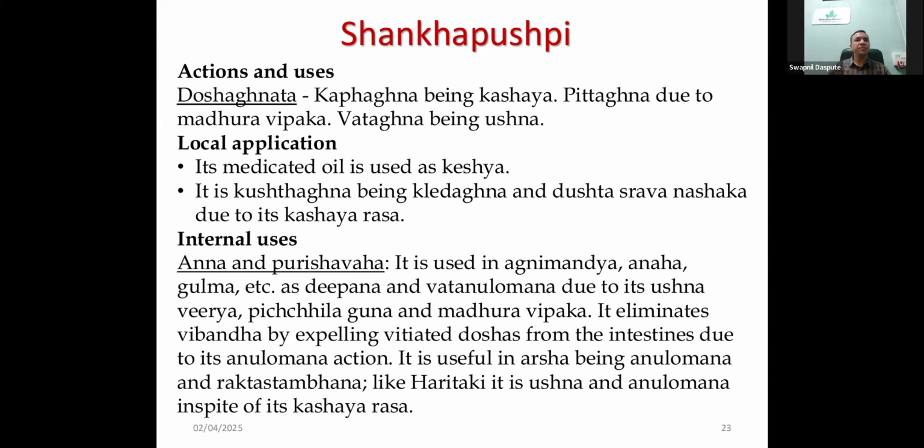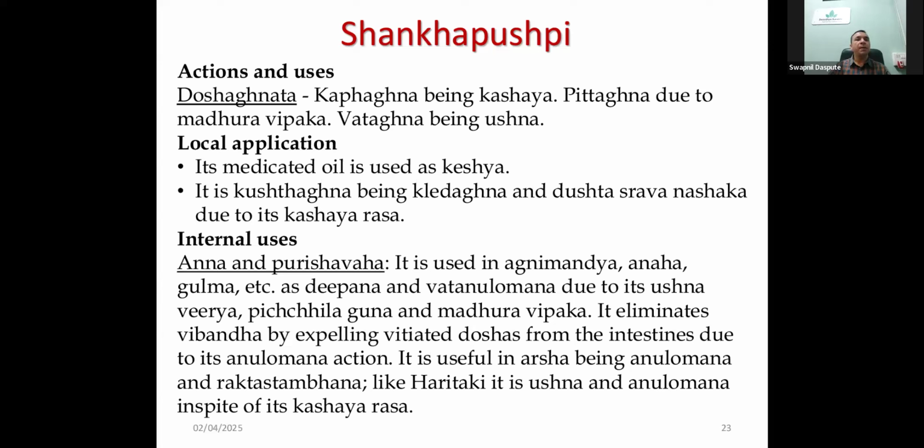Because it has Deepana action, it works very well on Agnimandya and Gulma, and Vatanuloma due to its Ushna Virya, Pichchila Guna and Madhura Vipaka. It eliminates Vibandha by expelling vitiated doshas from the intestine due to its Anulomana action.